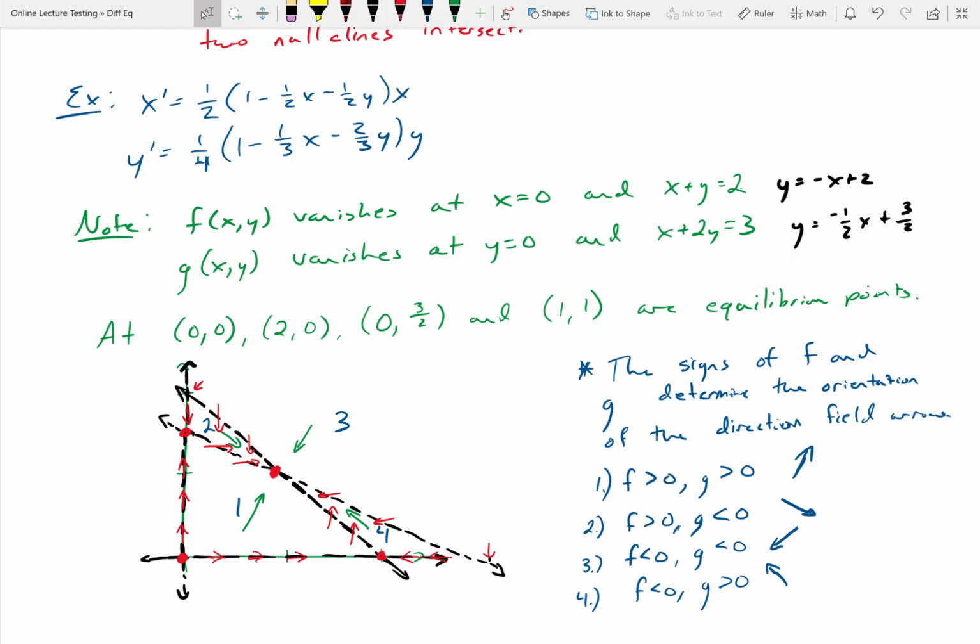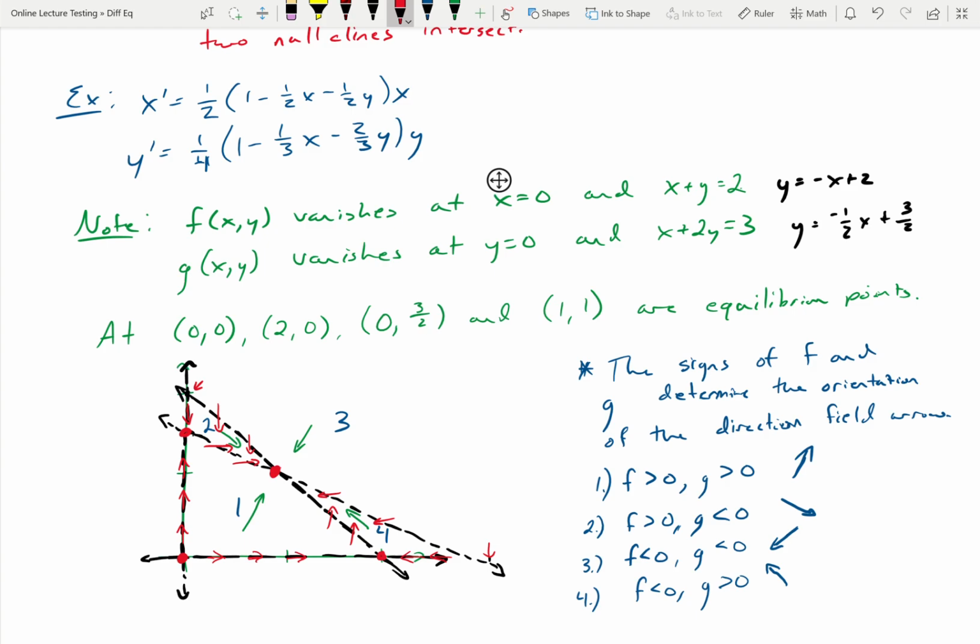So notice that eventually everything is going to lead towards the center here. If I plot a point into 4, depending on where I plot it, if I do it below the x-axis, then it's going to fall towards (2, 0). If I put it above the x-axis, it could lead towards the equilibrium point (1, 1), which are solution points.